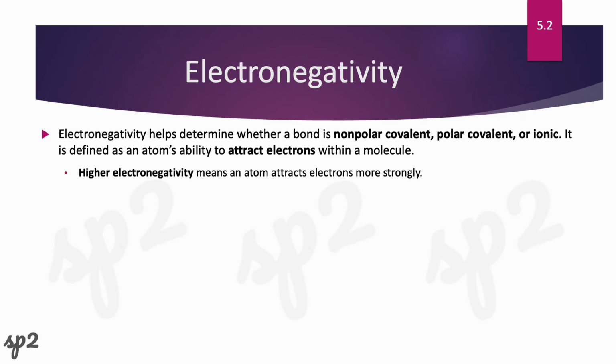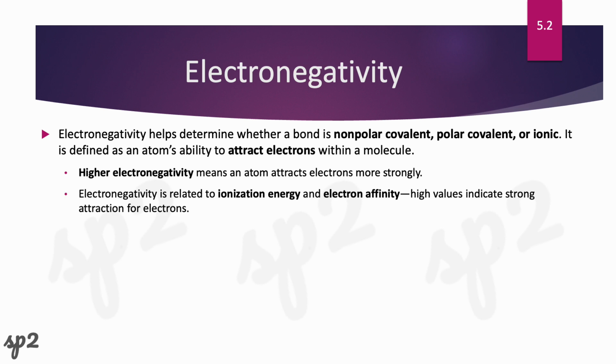If I have higher electronegativity, it means that the atom attracts the electrons more strongly toward itself. And the electronegativity is related to ionization energy and the electron affinity. If I have high values of electronegativity, I know that I'm going to have a stronger electron affinity, and I'm expecting to have high values for the ionization energy.